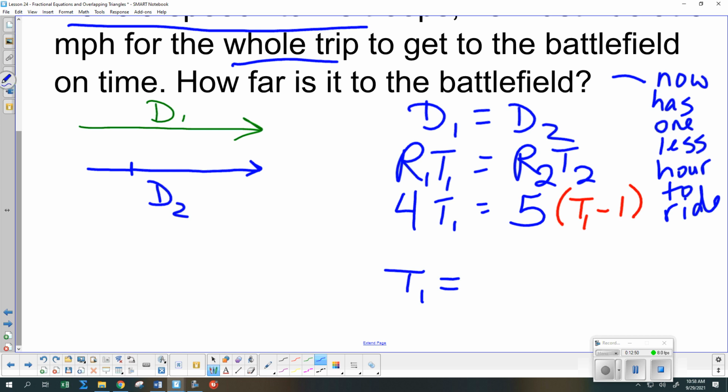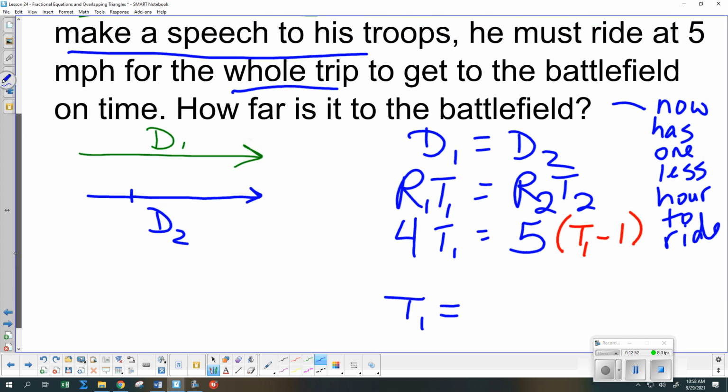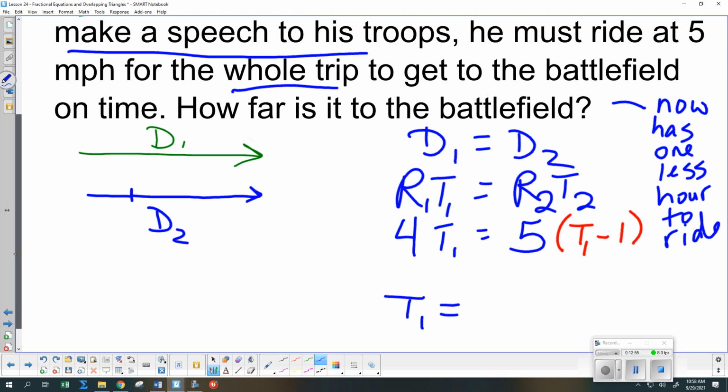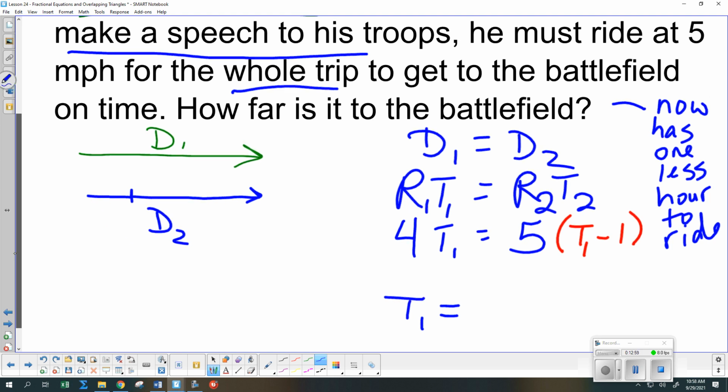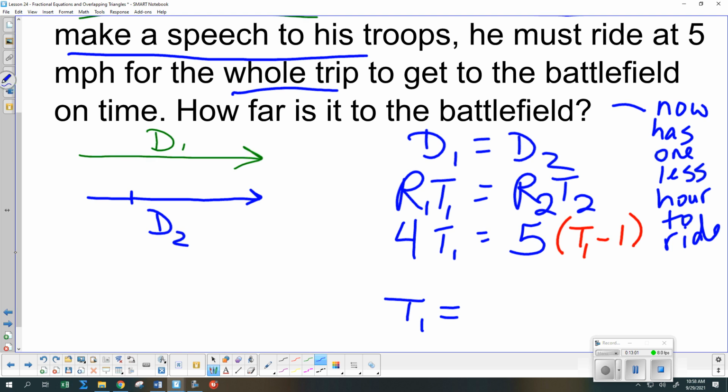We reread the question. What are you asked to find? We need to find the distance. Is time distance? So if I know T1, how am I going to get the distance? I know D1 and D2 are the same. But if I figure out T1, what do I do to get that distance? Dennis? Which rate and time?